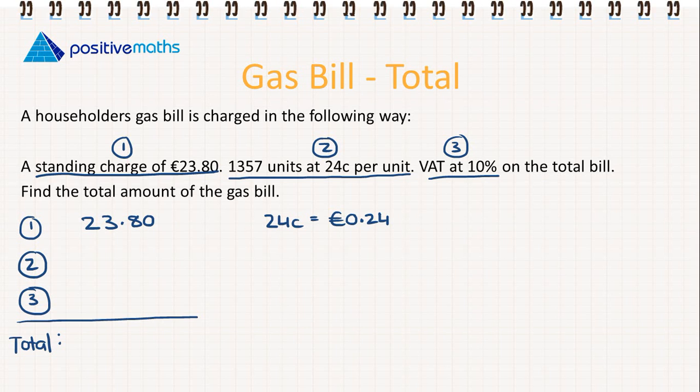So here we're changing it before. Okay, so we have 1357 multiplied by 0.24. So the total cost of the units is €325.68. So we'll fill that in here.